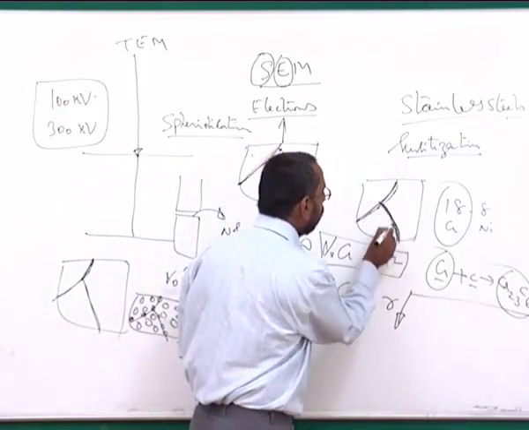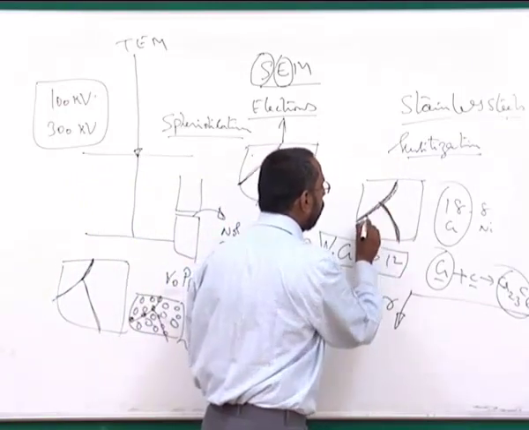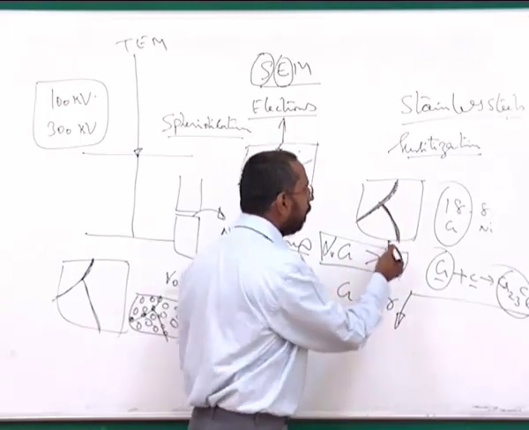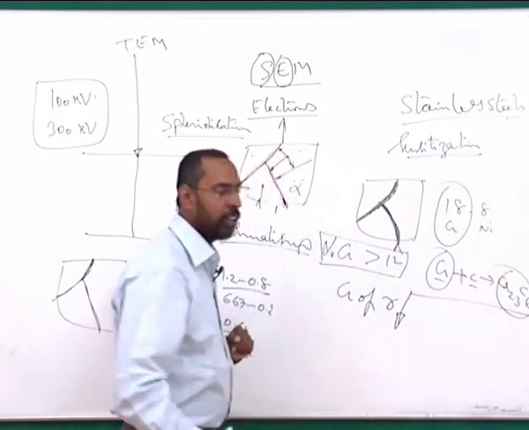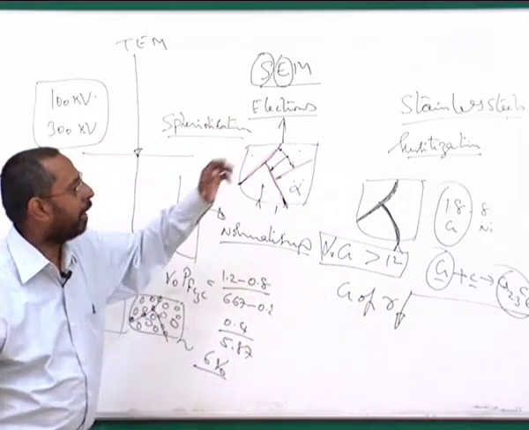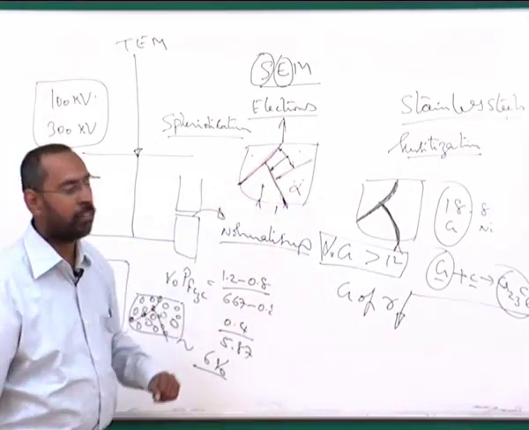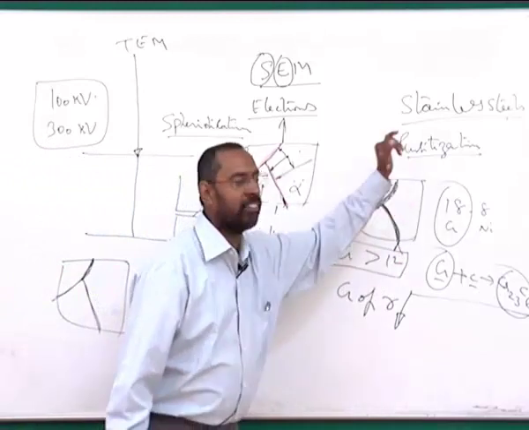And once you have such brittle corrosion products formed at these grain boundaries, the material becomes brittle at the grain boundaries. Similar to what we have discussed in an aluminum copper alloy or in a high carbon steel, the material fractures at the grain boundaries.